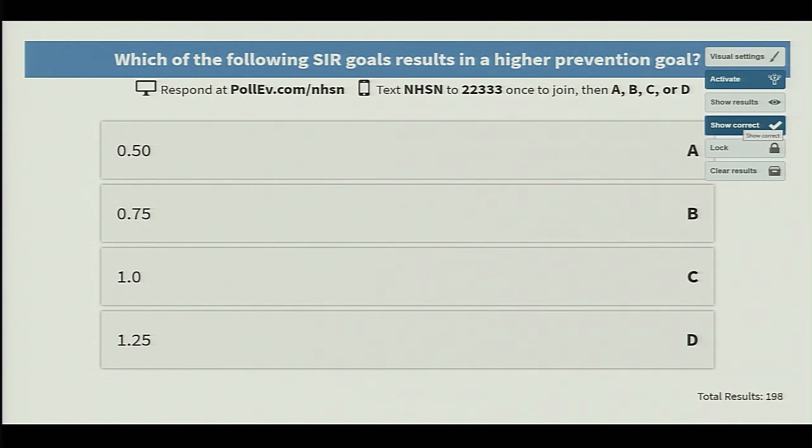So the choices are 0.5, 0.75, 1, or 1.25.